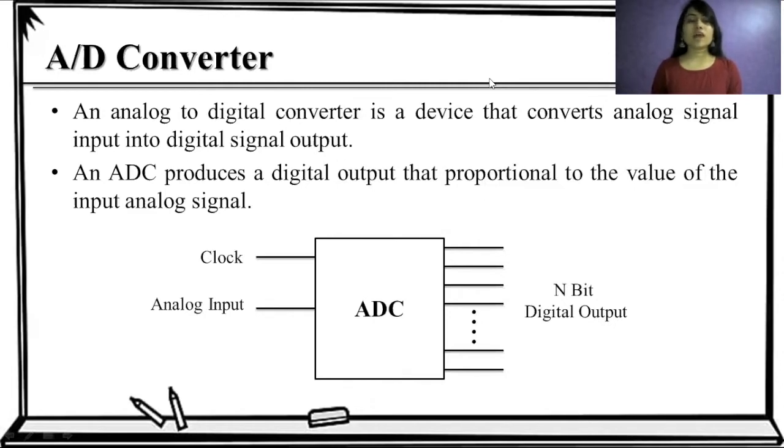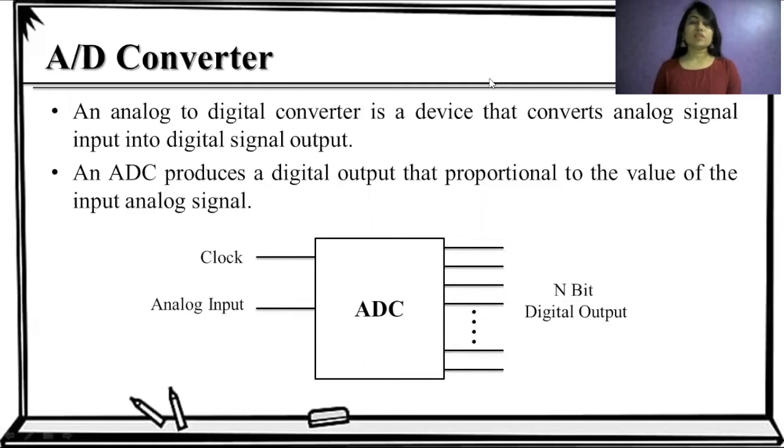If we have more than one analog value for conversion, and we want to perform the conversions in a synchronized way, that means after one conversion we have another conversion, so we give this clock signal as a reference. Using this clock we can perform the analog to digital conversion in a synchronous way.